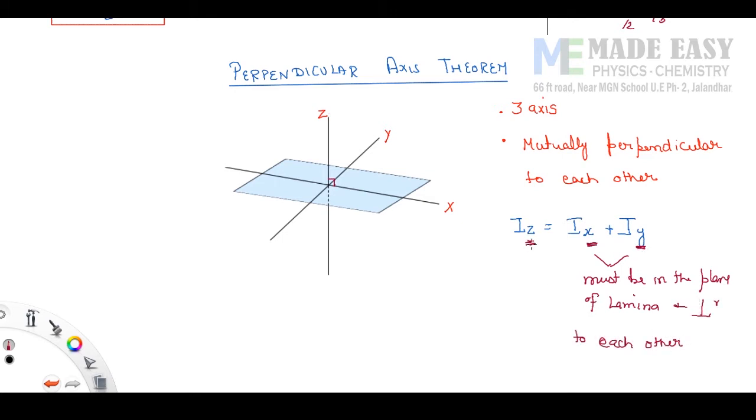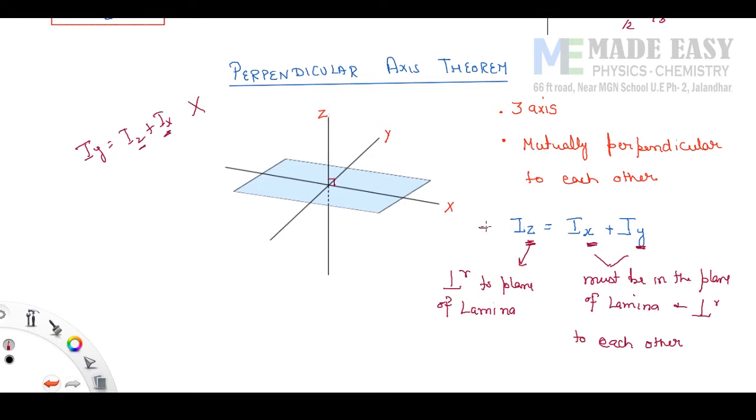And this axis should be perpendicular to the plane. What students generally mistakenly do is sometimes write Iy equals Iz plus Ix. This is a wrong statement. Why? The z-axis and x-axis are not in the plane of the lamina, right? Z is perpendicular to the plane of the lamina.